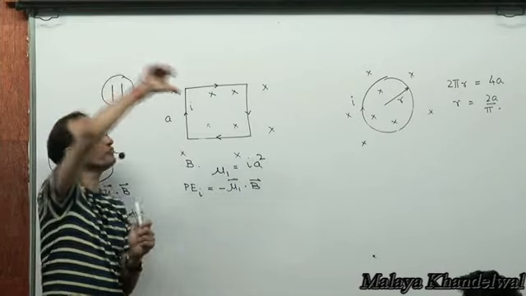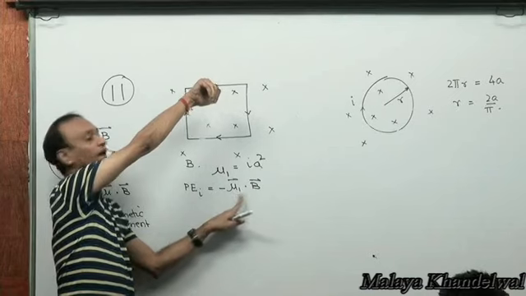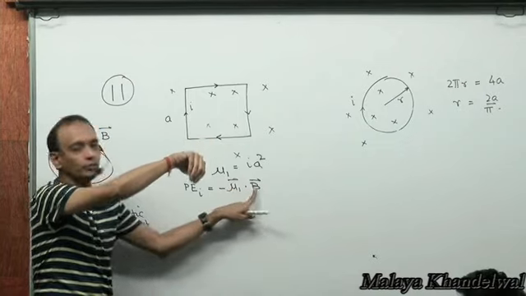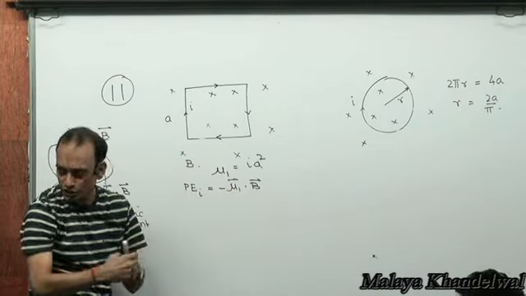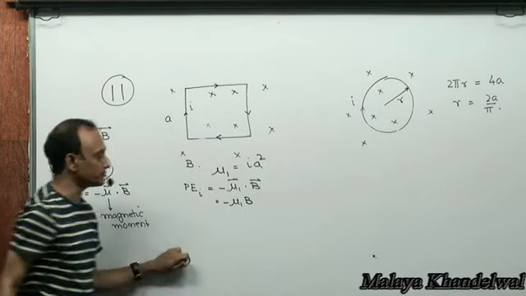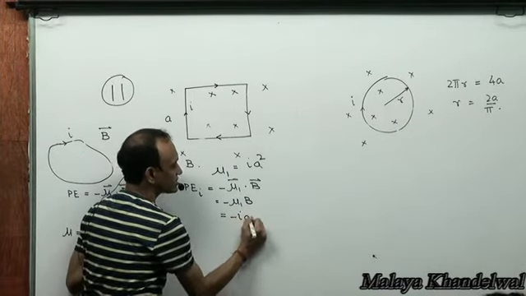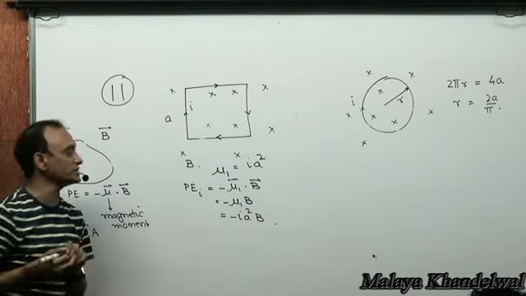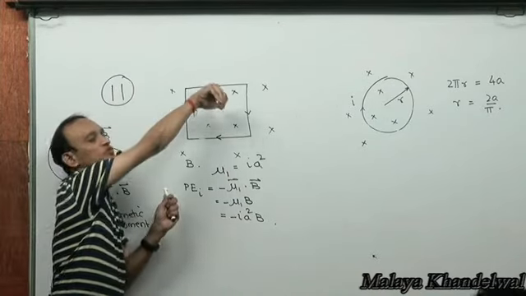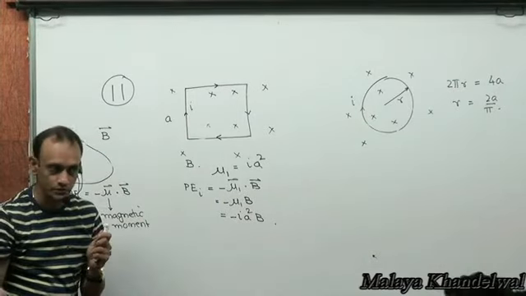Because curl your fingers in the sense of the current, watch your thumb, that's the direction of mu and that's also the direction of B. So if I take the dot product, it will be mu1 into B into cos 0, which is 1. So that's minus IA squared into B, the initial potential energy, right? The angle between them is 0, so when you take the dot product, cos 0 appears, right?